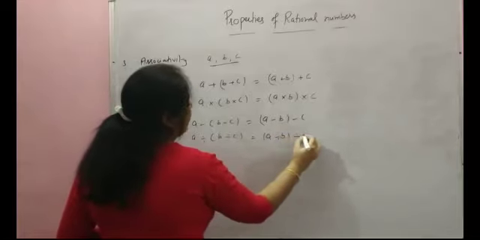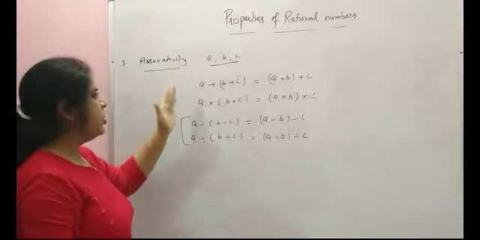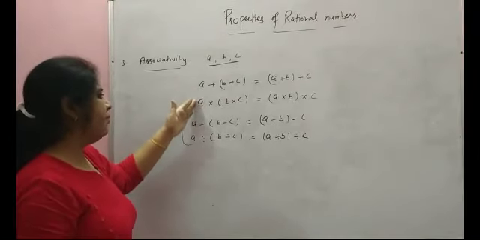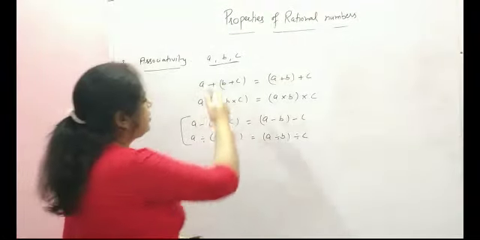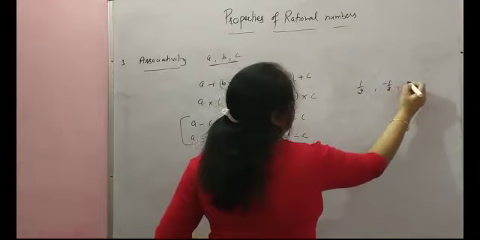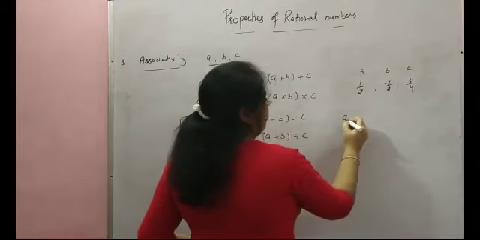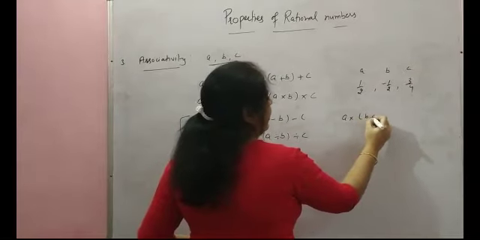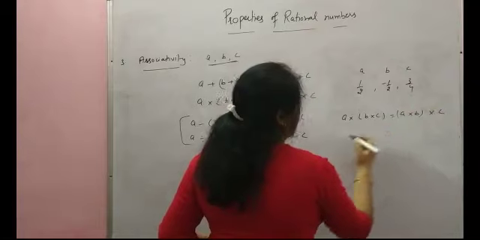See, for 2 rational numbers it's not possible, so how would it be possible for 3? We will just see one example. We will show it for multiplication, and you can do the same for addition also. We are taking these. This is your A, this is your B, this is your C.